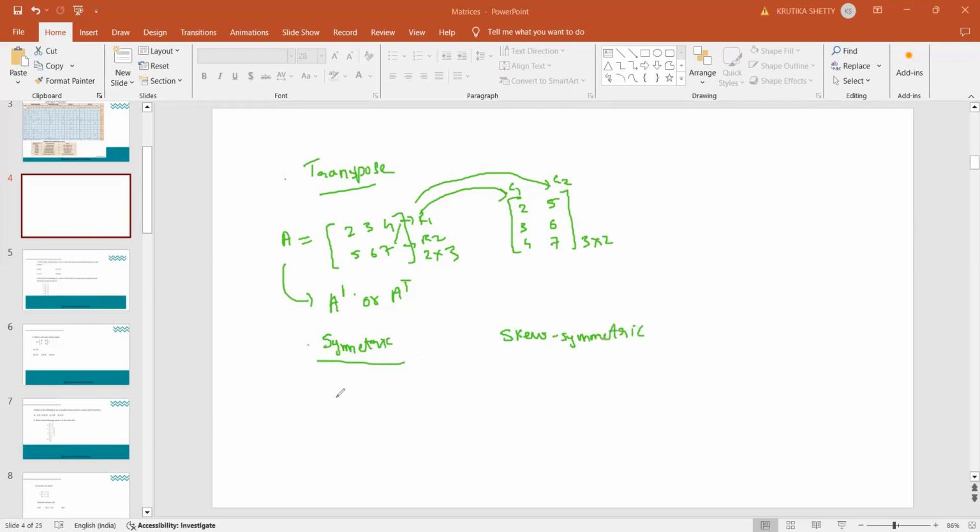In a symmetric matrix, the transpose A dash will be equal to A, and in a skew symmetric matrix A dash is equal to minus A. Both symmetric as well as skew symmetric matrices are square matrices.